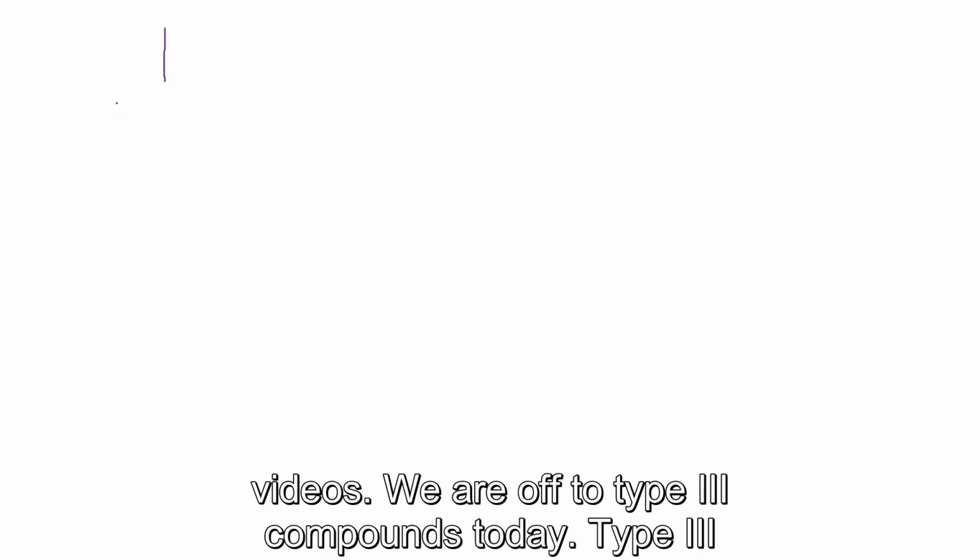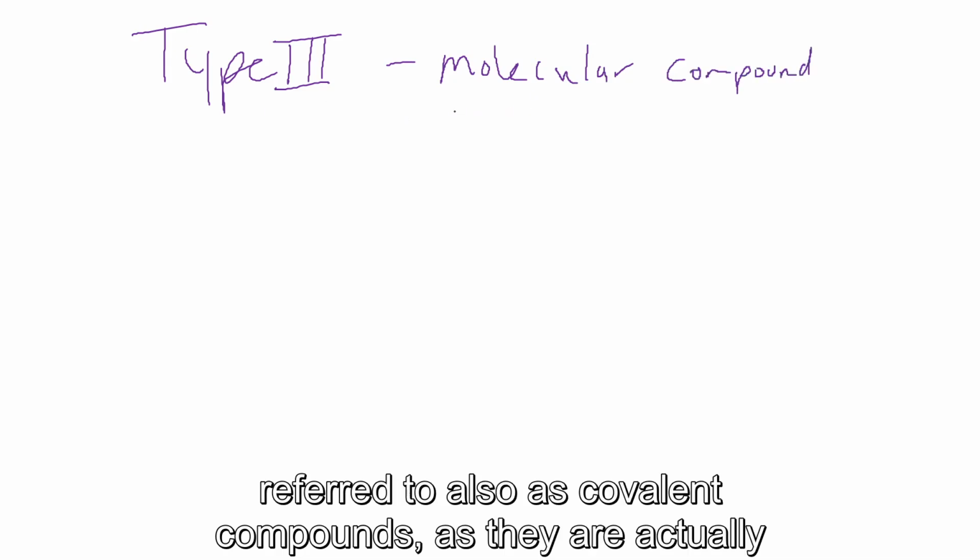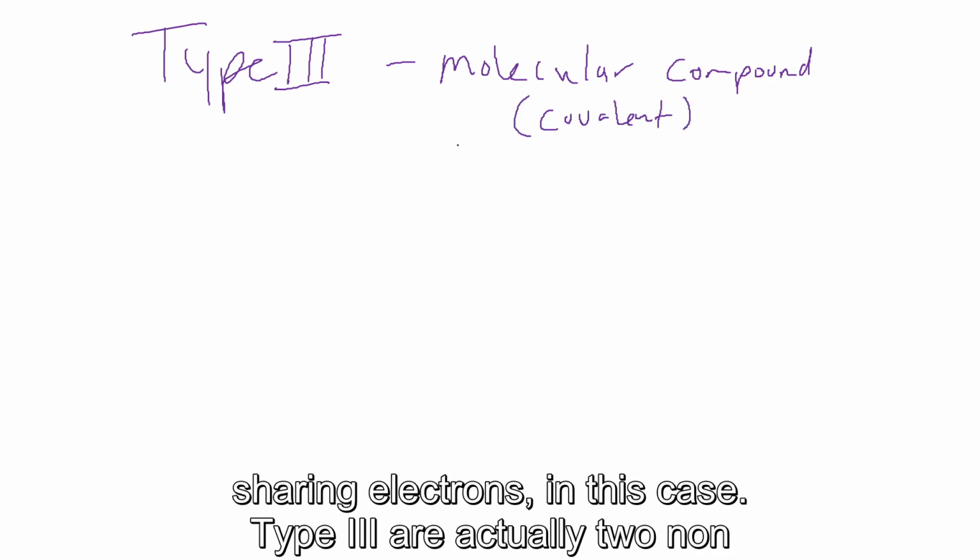We are off to type 3 compounds today. Type 3 compounds are molecular compounds, and they're sometimes also referred to as covalent compounds, as they are actually sharing electrons.